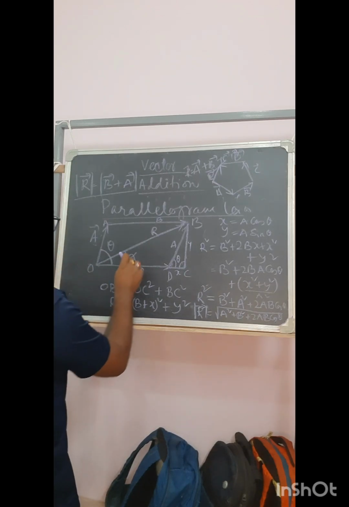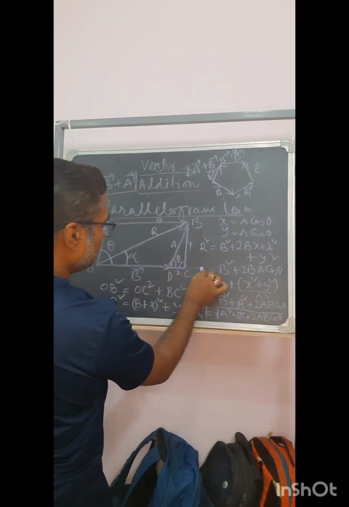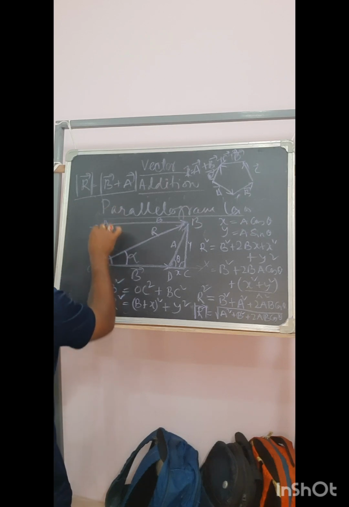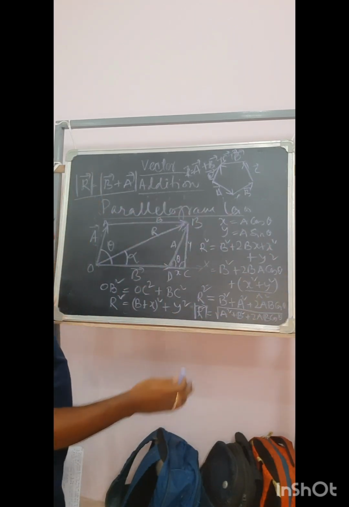For that I assume this angle, because you can assume this is horizontal, that means equivalent to the x-axis. I am not dividing into components in the x and y directions. If I followed that, it would be a different method altogether.